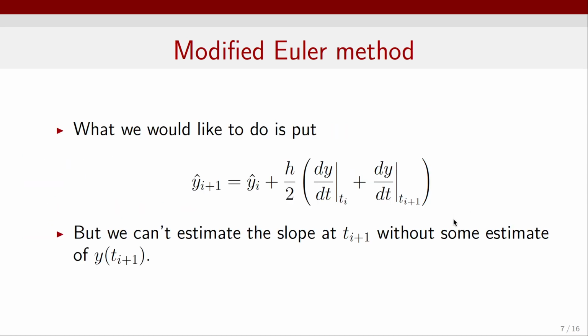And then what that means is we'd like to set yi plus 1 equal to yi plus this average of the slopes times h over 2. But as we just discussed, we can't directly estimate the slope at yi plus 1, which is needed. So instead, we can do an approximation here.